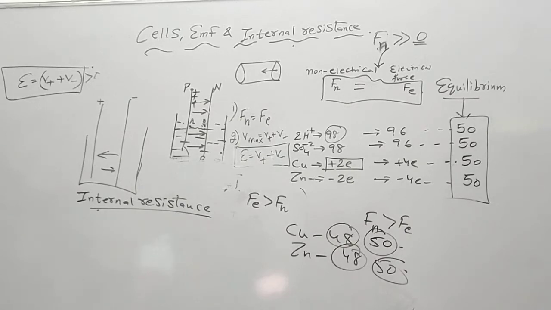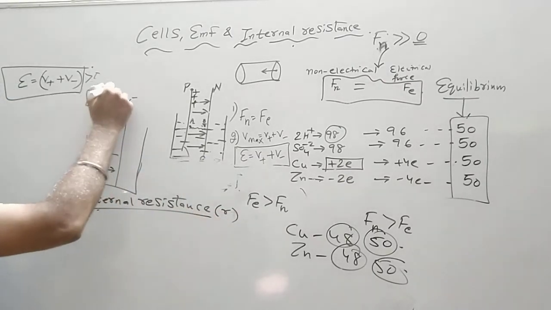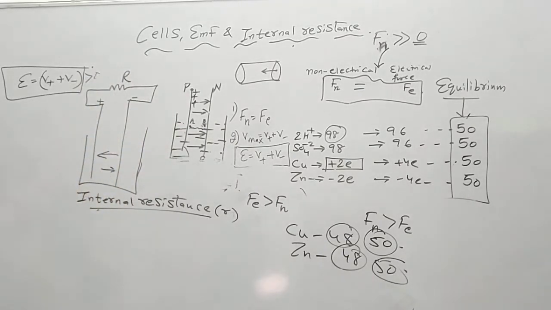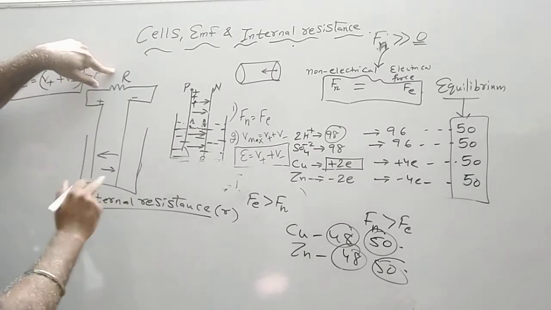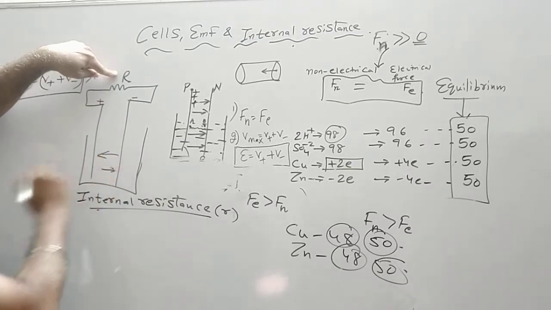So this is called internal resistance, generally denoted by small r, and it comes into picture when we connect the cell to some device or external resistance R. This is an external resistance R. Internal resistance comes into picture when again the motion of the ions takes place.